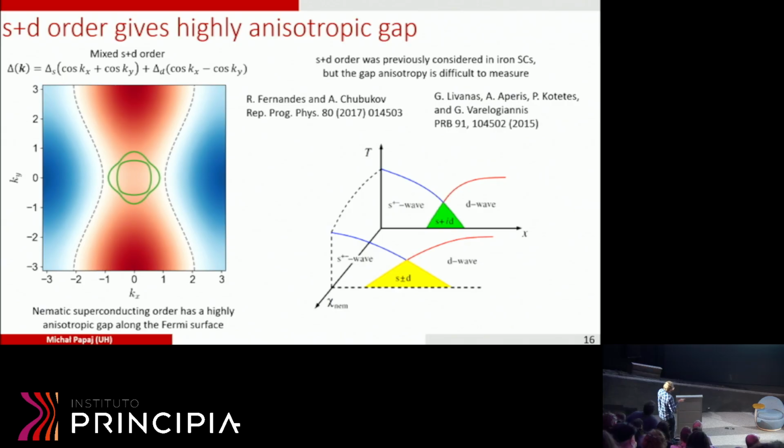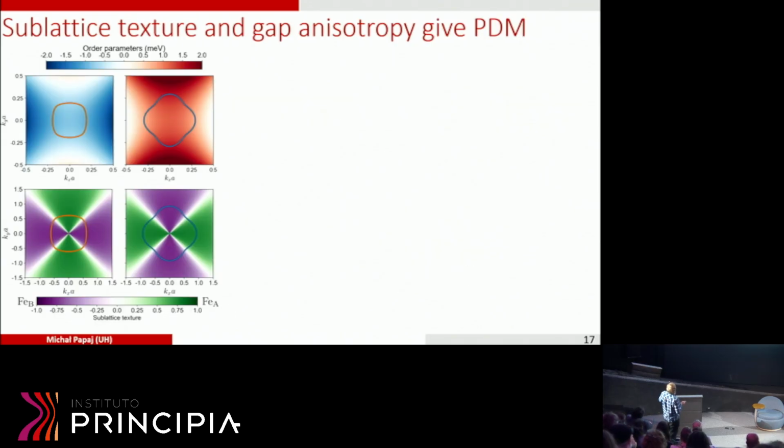That's what's important. So if we combine those things together, this is our order parameter for the two Fermi surfaces, or two Fermi pockets, and this is the corresponding sublattice texture. Now, if the anisotropy of the superconducting order parameter is aligned with the sublattice texture, this means that, for example, this part of the Fermi surface feels a weaker superconducting order parameter, and this part feels a stronger order parameter.